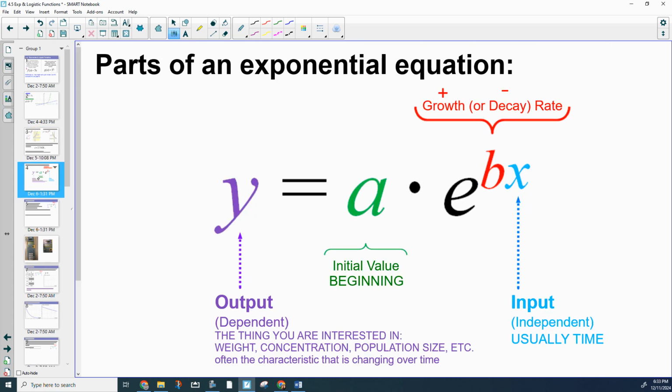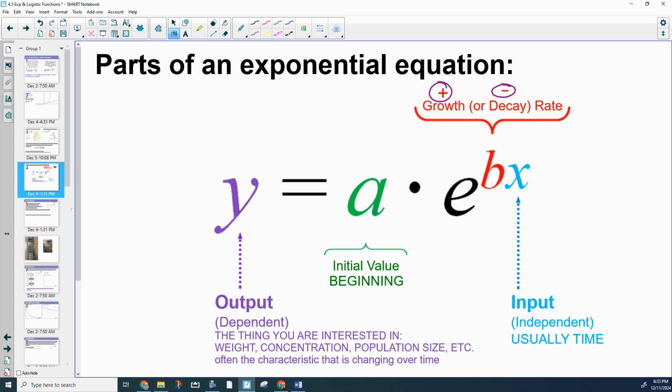This page in your notes is going to be a page that you may want to have out. We'll use this on most of the problems as we're going. Again, growth is when the B value or the rate is positive. Decay is when the B value or the rate is negative.